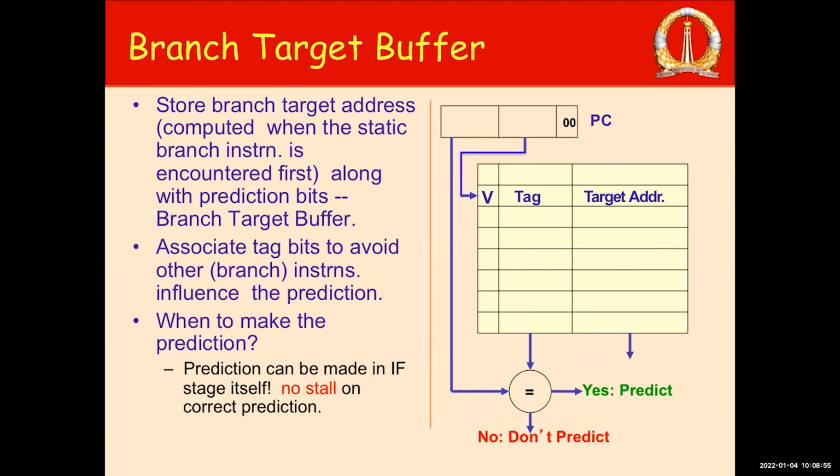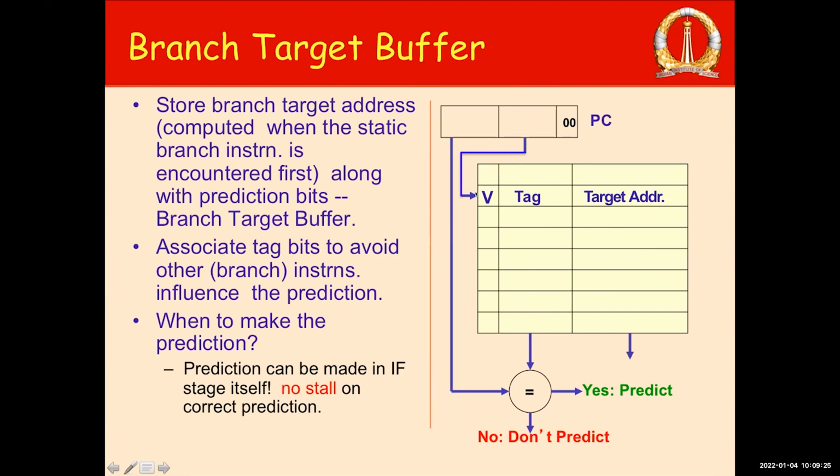One small detail here is that the branch target buffer is a fixed set of locations, maybe 1024 or 2048 locations, and therefore a certain number of bits from the program counter are used to index into it. For example, if this is 1024 entries, then the 10 least significant bits of the program counter would be used to index into the branch target buffer.